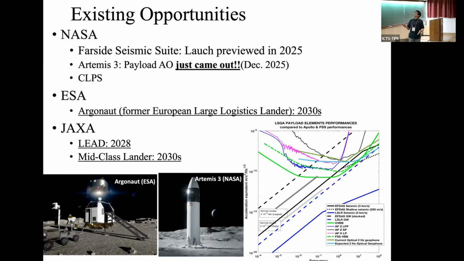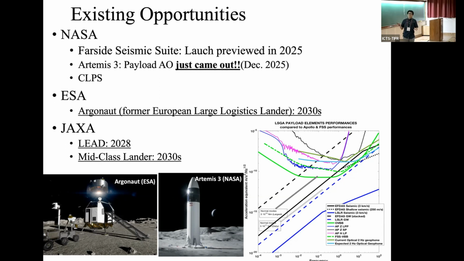We also want to approach the opportunity of Altimus 3, which is the first crewed mission that will land on the moon. And finally, payload AO just came out on Monday. So we are now trying to propose our second, what we call FSS2, to this opportunity to have another seismometer on the moon.